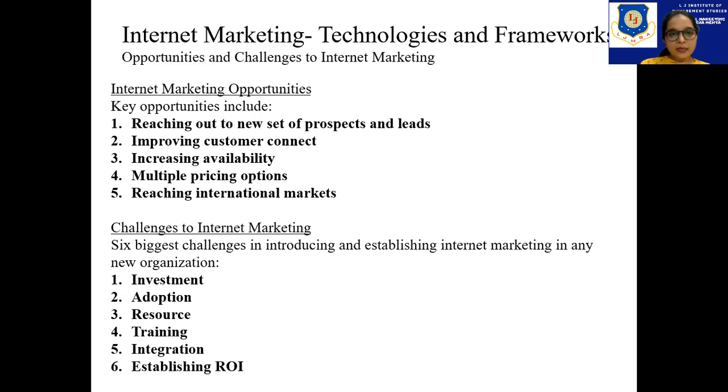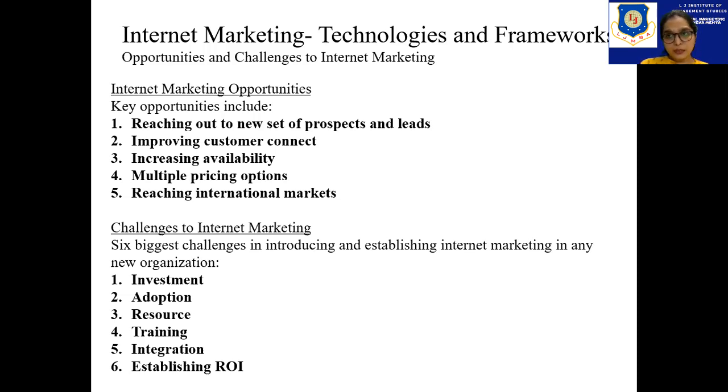They might find little difficulties in adapting to the technology. So adoption of this, if you don't know how to use it, the business or the interaction would become a little difficult. You need to have resources for it. If you don't have good infrastructure and you want to take your business to e-commerce, it would be a little challenging. Training your employees for the same, training your key people, your stakeholders for internet marketing, right?